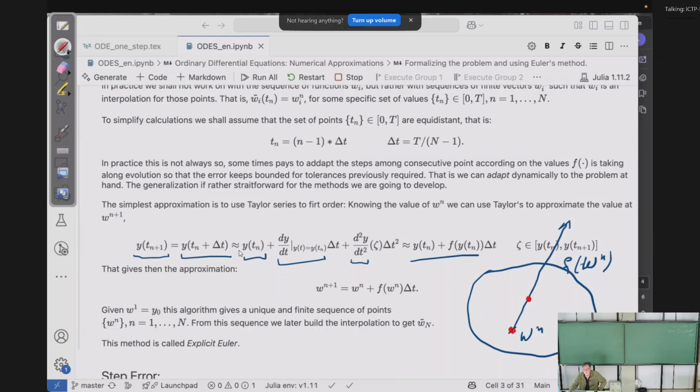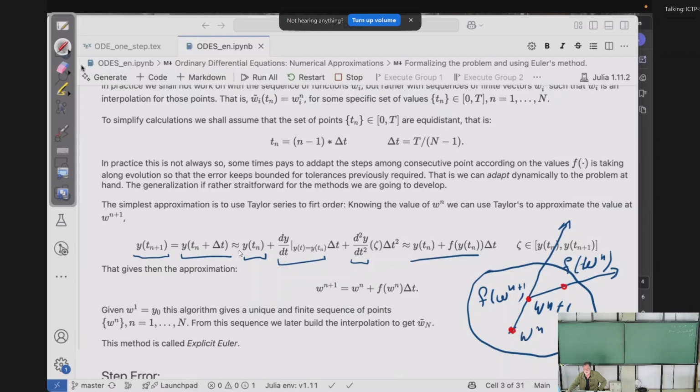Then when we reach this place, we evaluate f here, f at Wn plus 1. This point is Wn plus 1. We compute the f here, say the f here points this way, and so you go some distance delta t along this vector up to a new point, okay? So this is the algorithm.